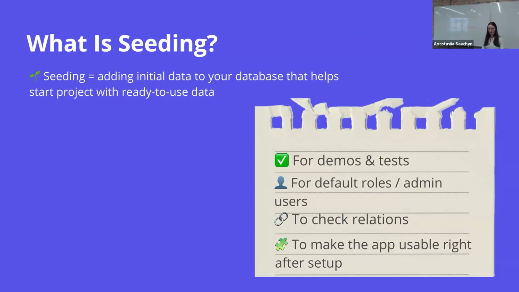So seeding is actually used for demonstrations, for tests, also for some default values that should be in the database. And that can help you check that everything works correctly, and you can quickly seed your data and use it. Or, for example, use it for QA engineers who are going to check everything and need really a lot of data to work with.